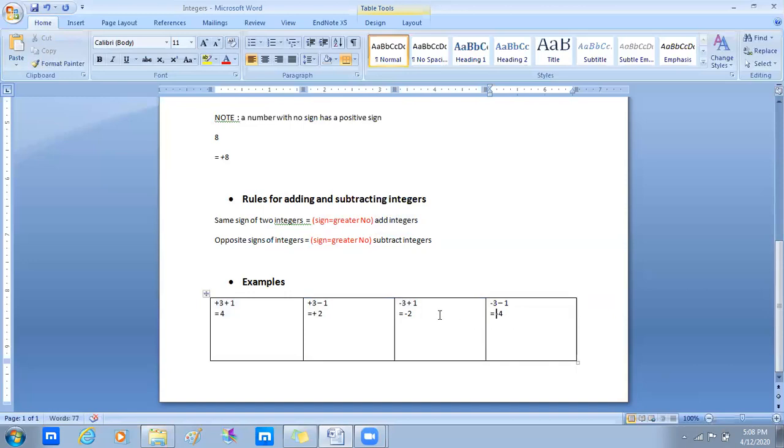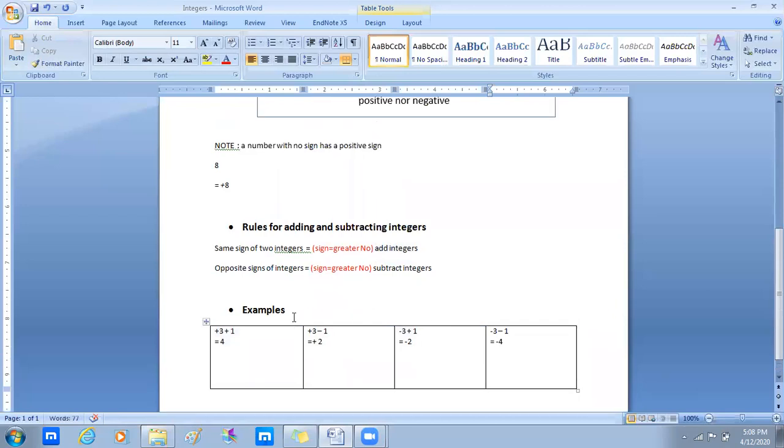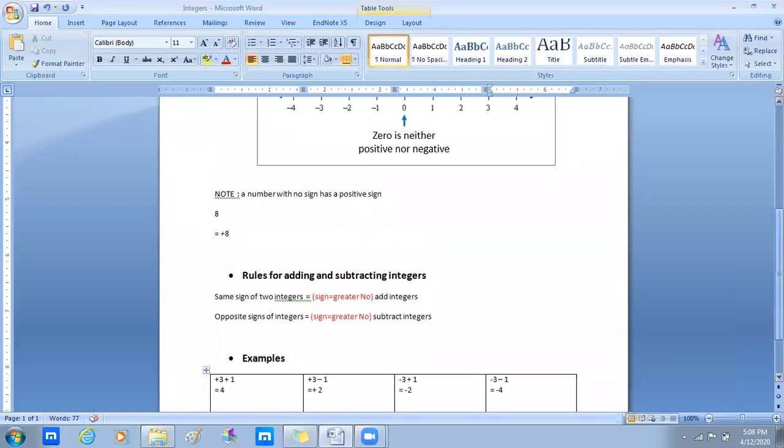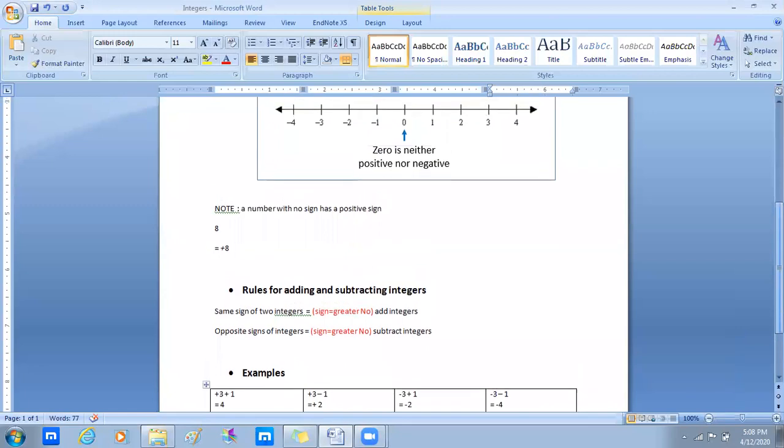Now just look at something else, that is 3 plus 1 is 4. What does the plus sign mean? One plus sign means moving forward, while the negative sign means moving backward. So let me discuss another thing, that is 3 plus 1.